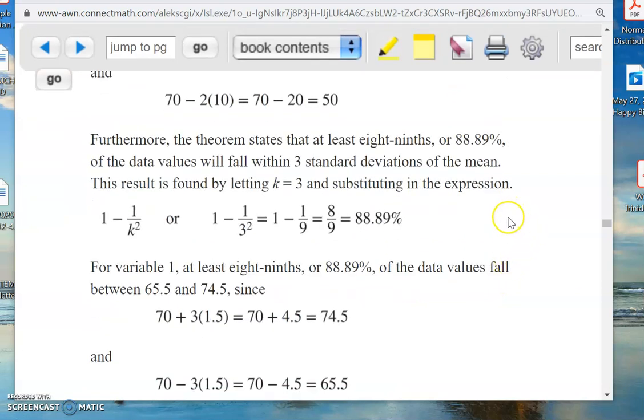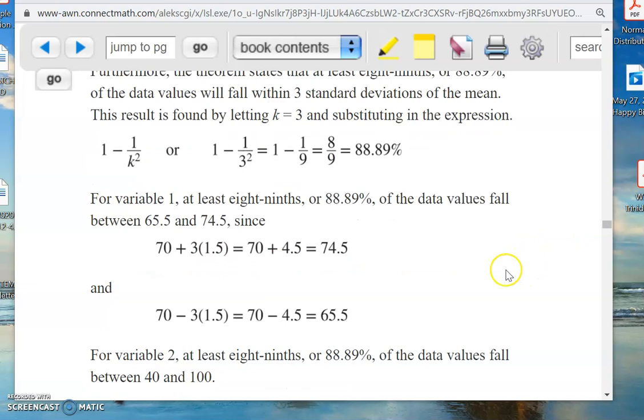Okay, the same idea here within 3 standard deviations. Where do we come up with the 3 standard deviations? That's the example I just gave you. It's 1 subtract 1 over k squared, so that's 1 subtract 1 over 3 squared. That's the same as 1 subtract 1/9, that's 8/9, so that's 88.89%. So how much of it will be between there?